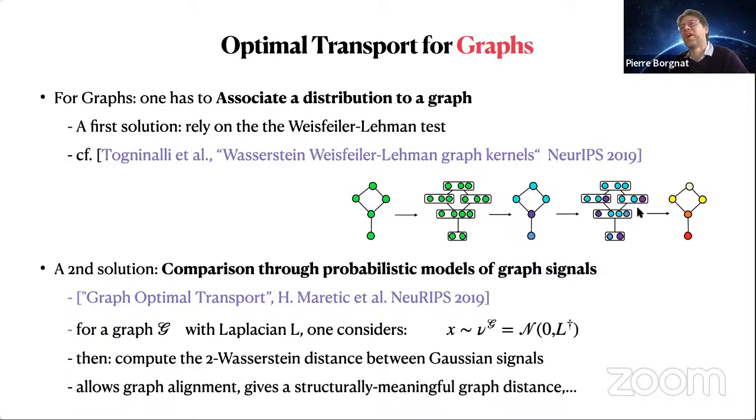You obtain some value, and you iterate that k times, so that means you will encode the topology up to all the k hops in the graph, and you obtain a distribution which is not exactly characteristic of the graph. There are well-known examples where you find equal distributions at the end, even though you have different graphs at the beginning, but still it's a good heuristic to solve this question about graph isomorphisms.